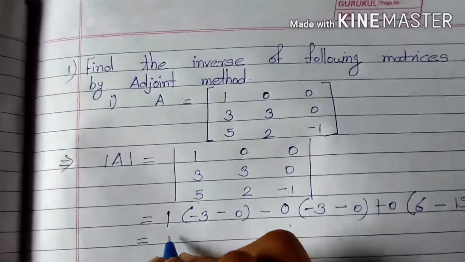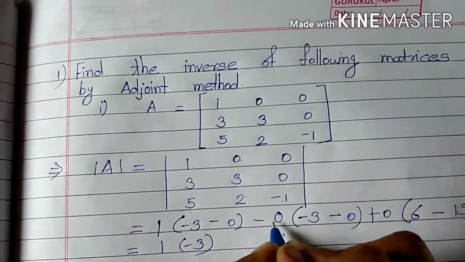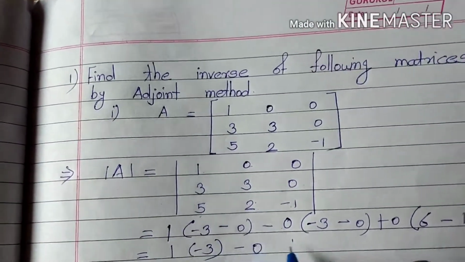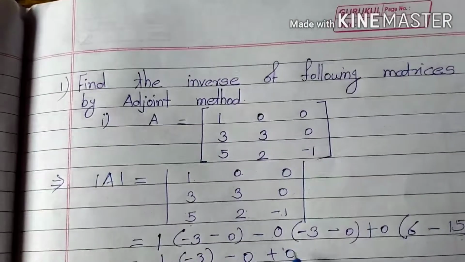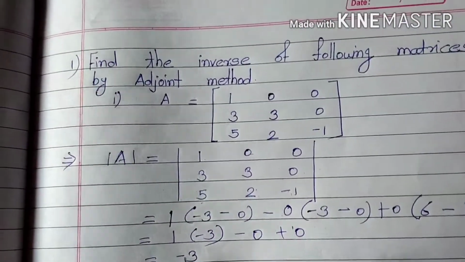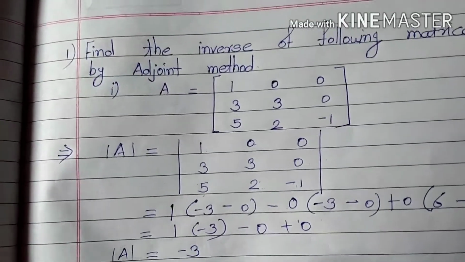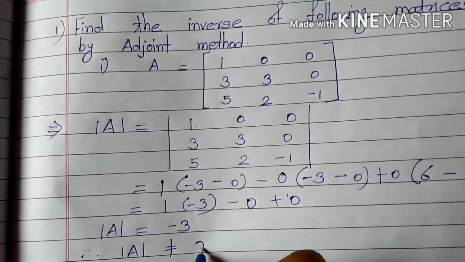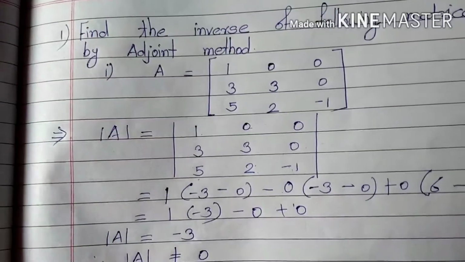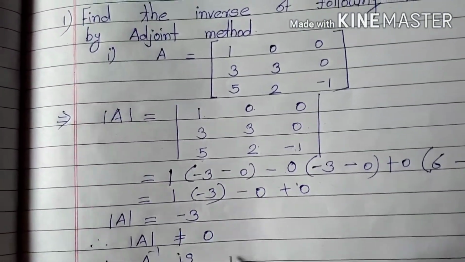So the answer is 1 into minus 3, 0 into this is 0, and 0 into this is also 0. So our final answer is minus 3. Therefore the determinant of A is not equal to 0 and hence A inverse exists.